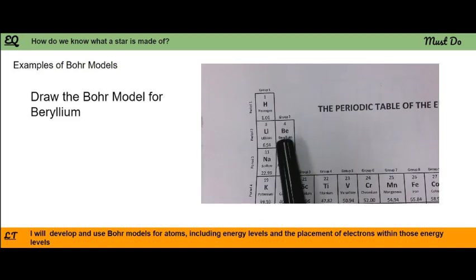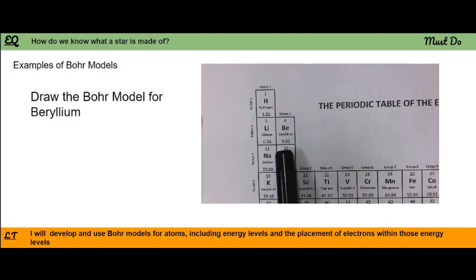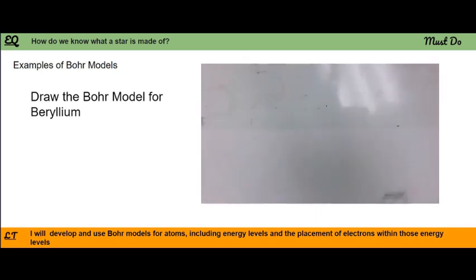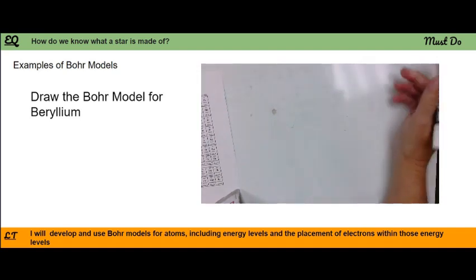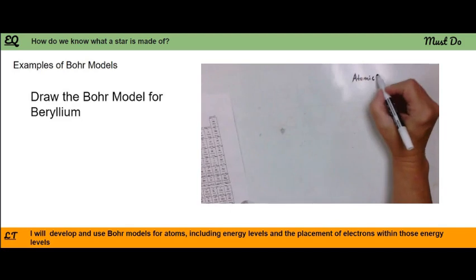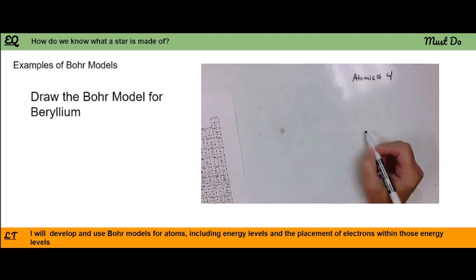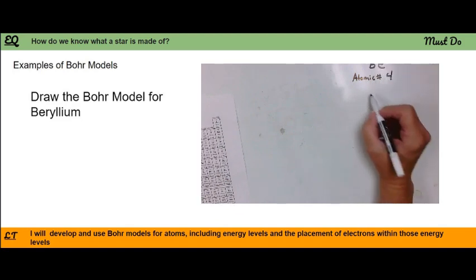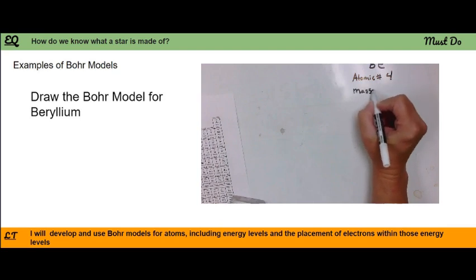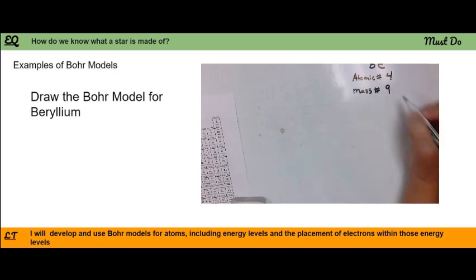So its atomic number is 4, Be, beryllium, and its mass number is 9.